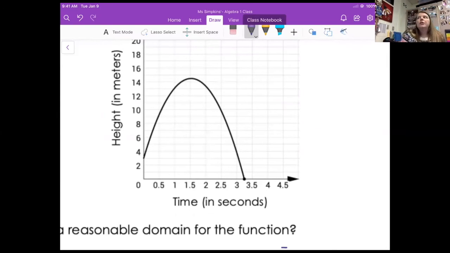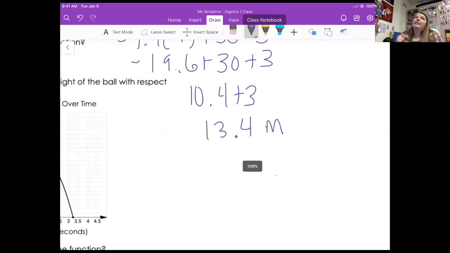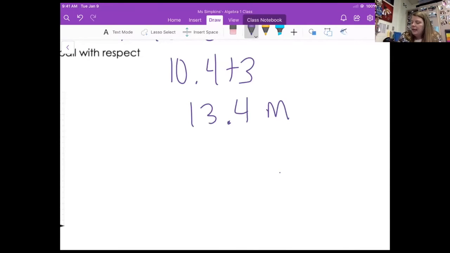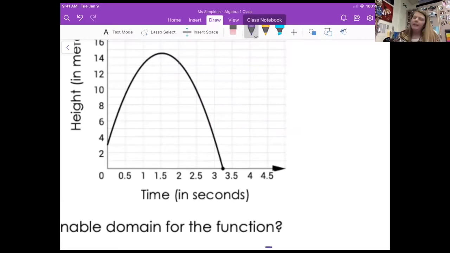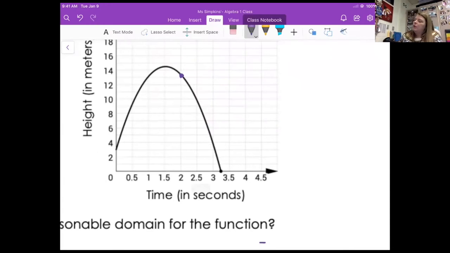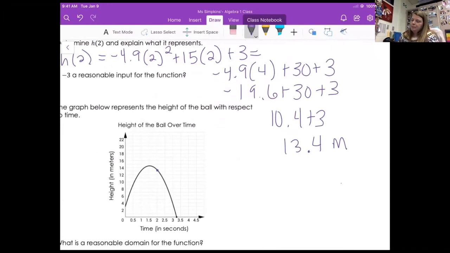So we could have looked at the graph to get a general idea of what the answer should be, but you need to use the equation to get an exact specific decimal, because I cannot look at that graph and know that that point right there is at 13.4. You may say 13.2, 13.3. So make sure you're using the equation when you're actually calculating it.